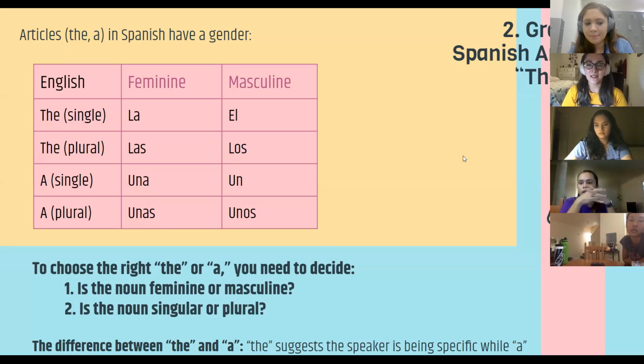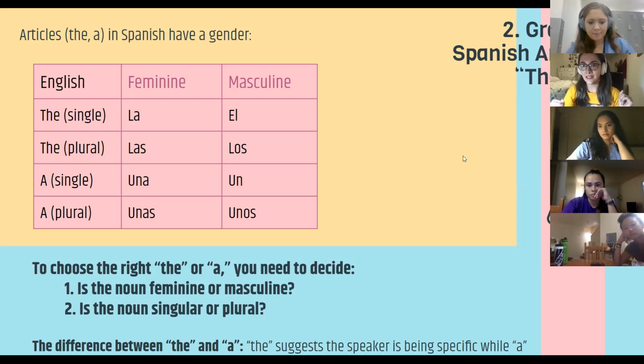If you wanted to say a chair, it would be una silla, just like the table shows. And then if you want to turn it into its plural form, you would add an S. So the chairs, las sillas.